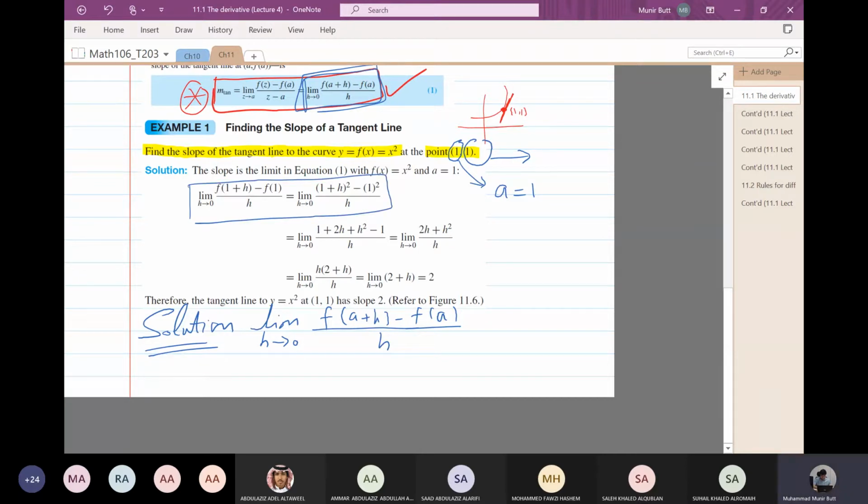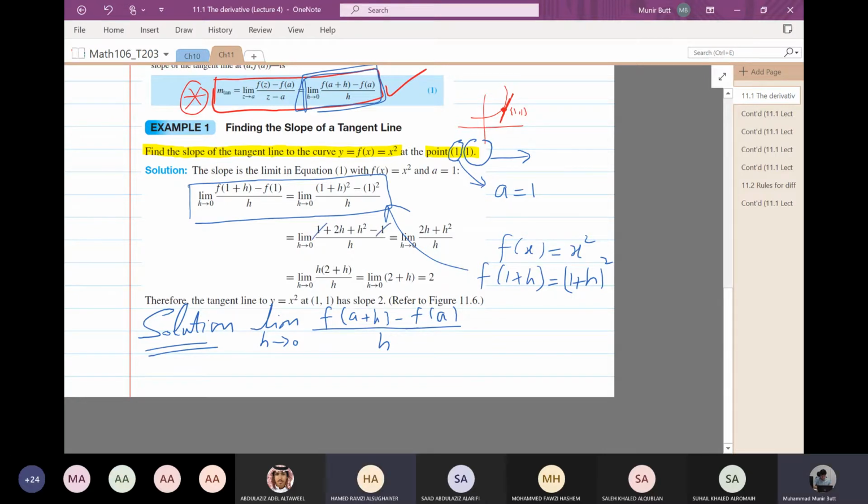Is this clear to you? Because we have f of x equal to x square, what will f of 1 plus h be in this case? (1 plus h) square. Agree? Yes.